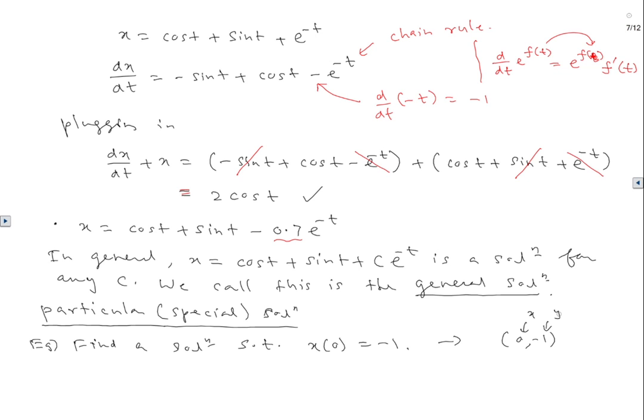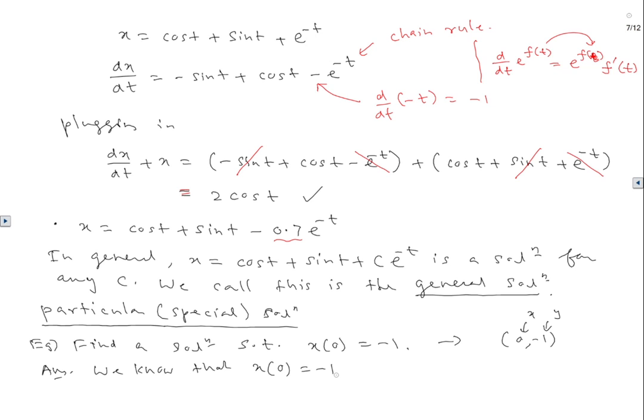In a general sense, we normally call them x coordinate and y coordinate. So we try to find a solution that passes through that particular point. So what we know is that x0 equal -1.